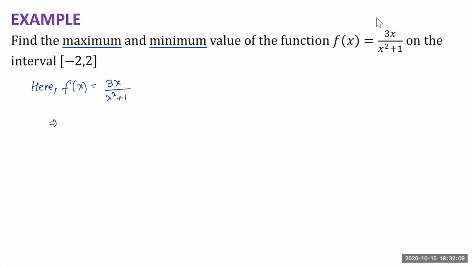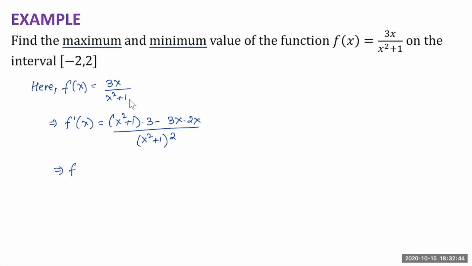So this implies the first derivative is equal to, okay, let's use the quotient rule to find this derivative. It's the denominator, which is x squared plus 1, multiplied with the derivative of the numerator, the derivative of 3x is 3, minus the numerator 3x, multiplied with the derivative of the denominator, the derivative of x squared plus 1 is 2x, divided by the square of the denominator, x squared plus 1 quantity squared.